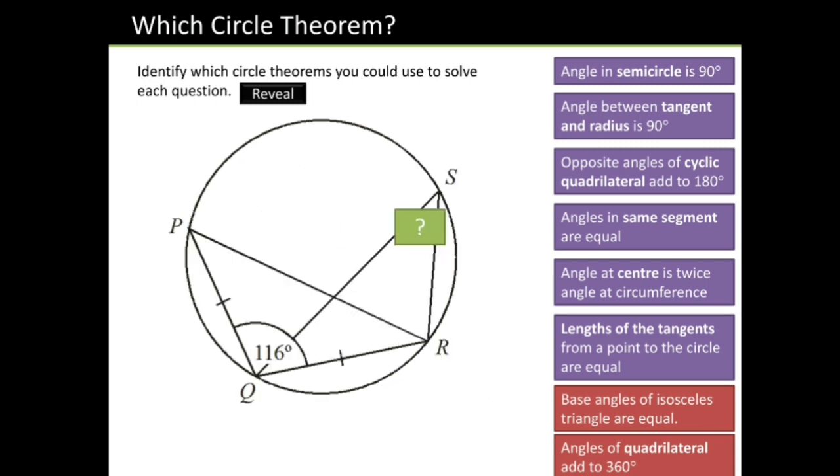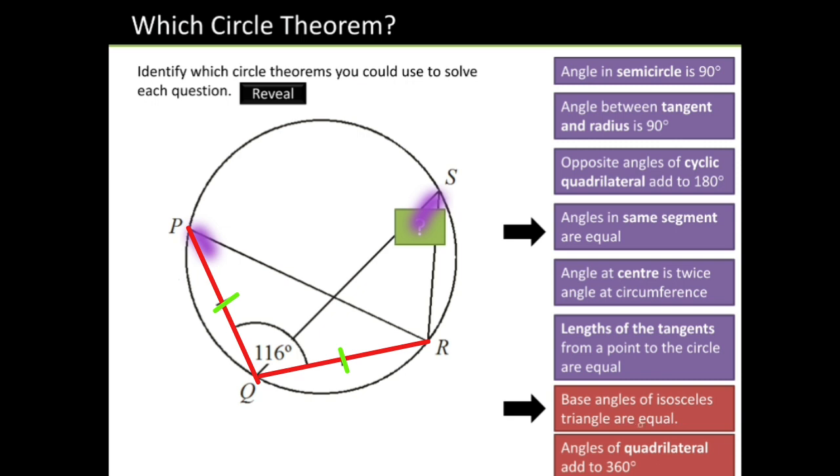In this example, we need to find this angle. So we're going to use angles in same segment are equal, so this angle and this angle will be equal. But before this, how do we know what is the angle QPR?